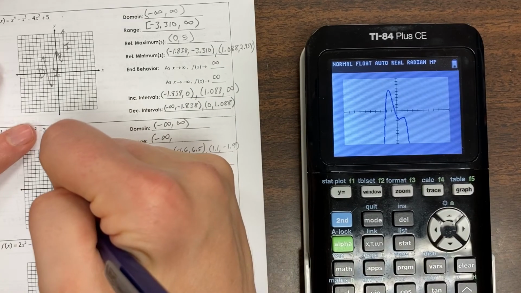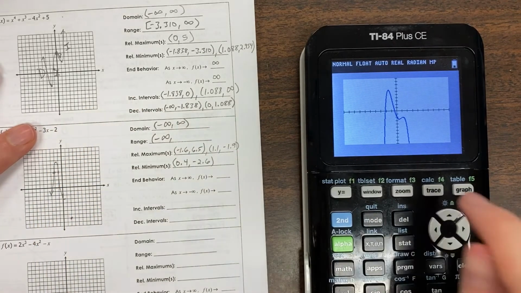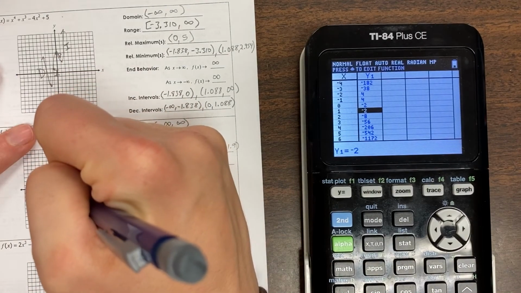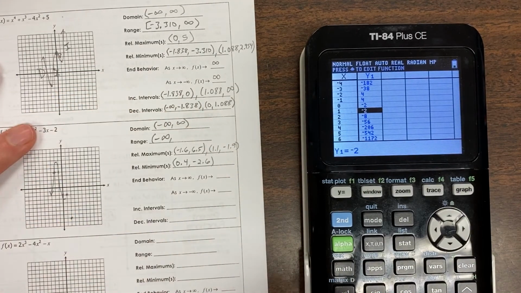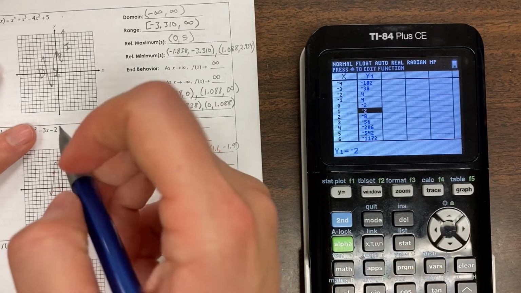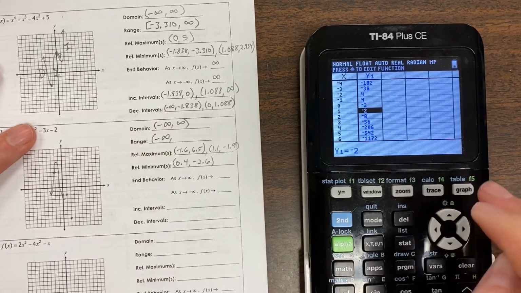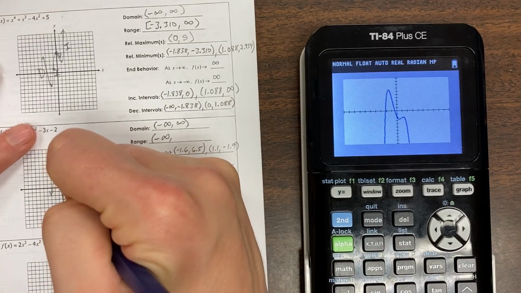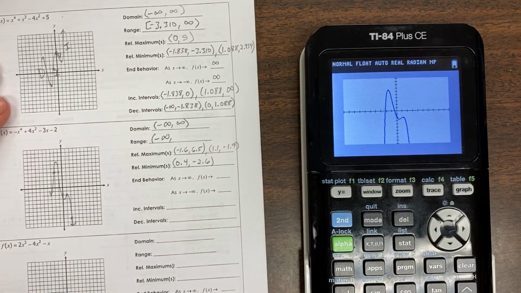There we go. All right, and at 1, it's at negative 2, right here. Okay. So something like that. Okay, that looks better.